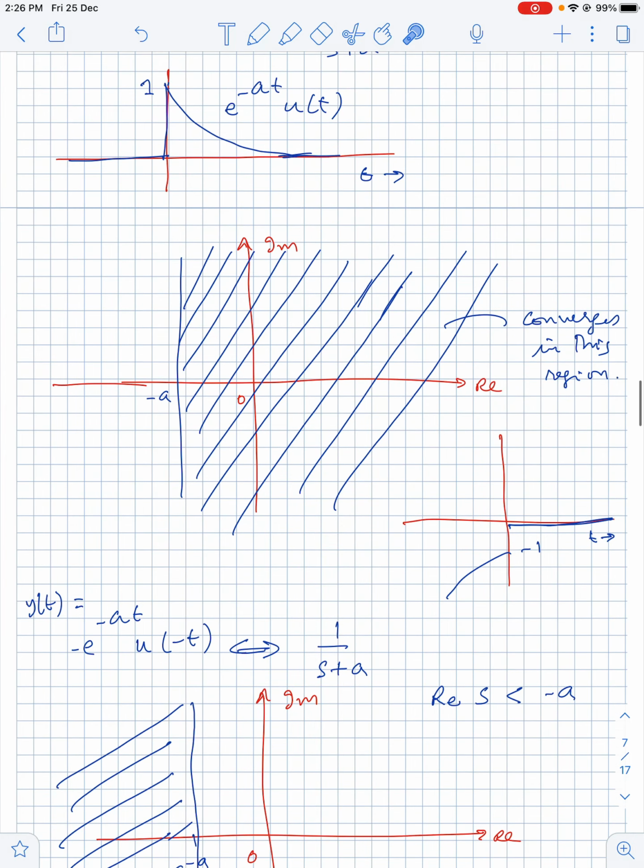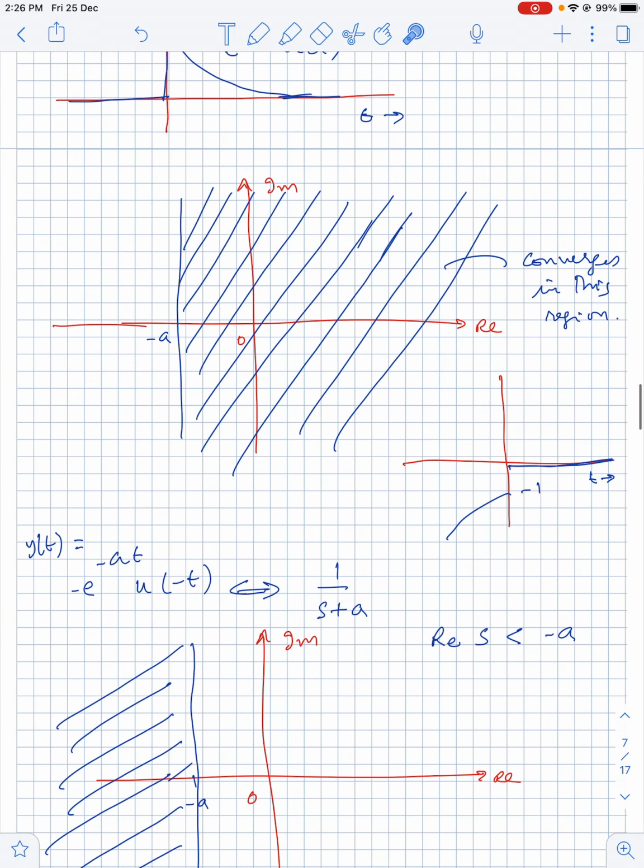Now you consider another signal, y of t is minus e raised to at u of minus t. This signal is actually an anti-causal signal. u of minus t means it is an anti-causal signal.